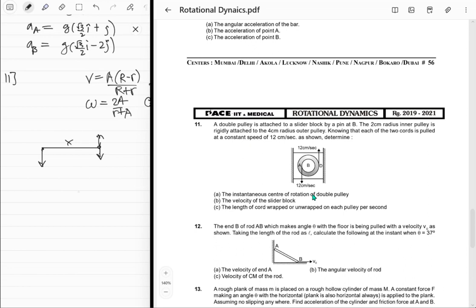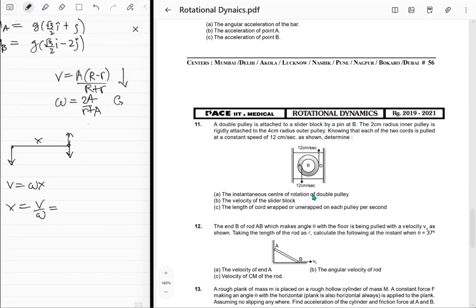So if this thing is X, then what we want is V is equal to omega X. So X should just be V upon omega. So division of this should be, that's capital R, sorry. So that A upon capital R plus small r cancels. Just get this thing. Right. So that will be this much towards the right.